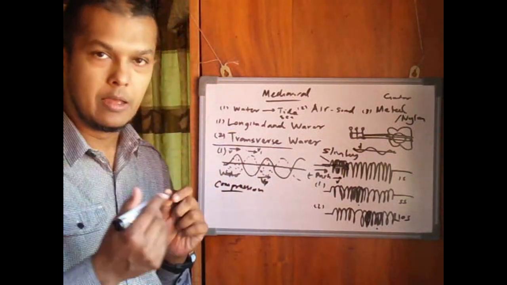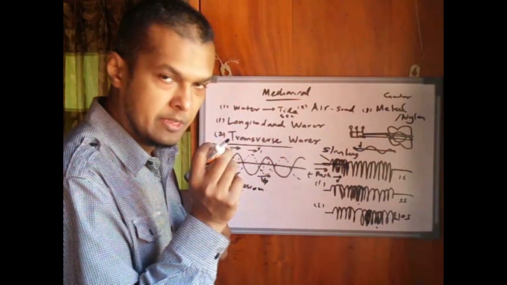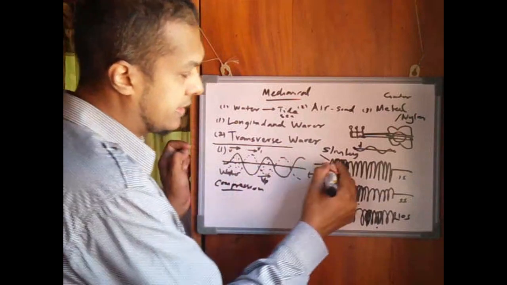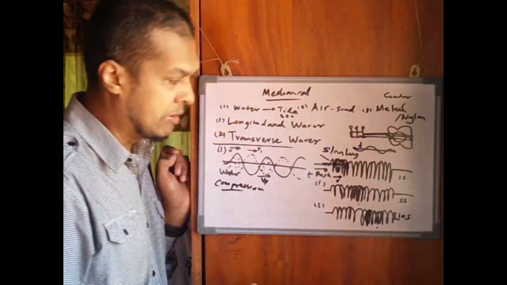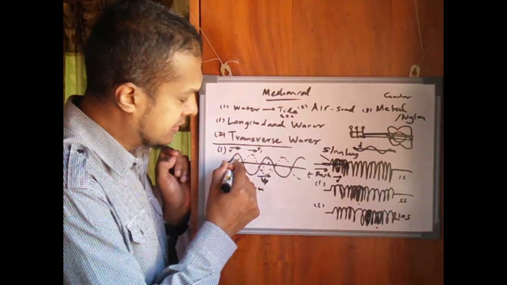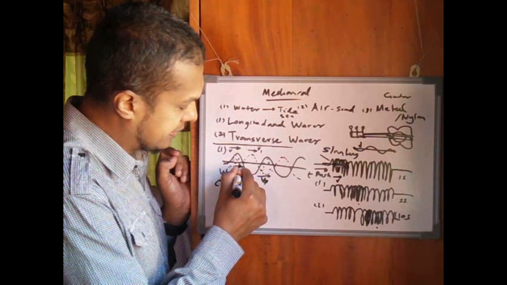This particular compression point happens because the actual particles of the wave stay closer together. That's why compression happens. Even in this scenario, when particles move in this direction, the actual compression happens here.